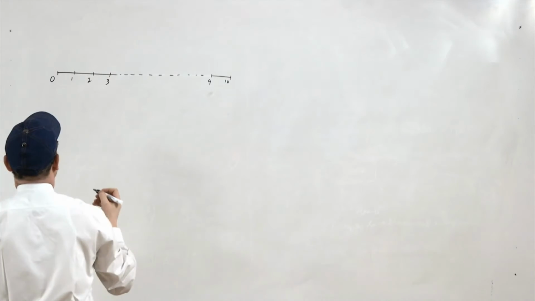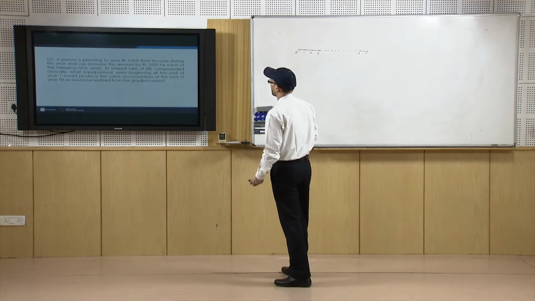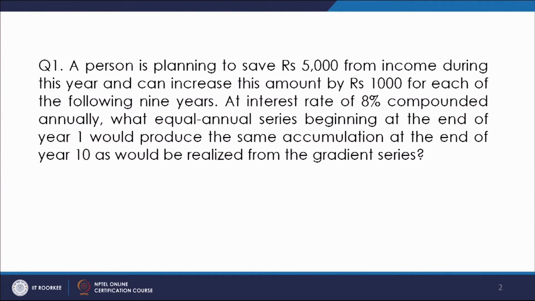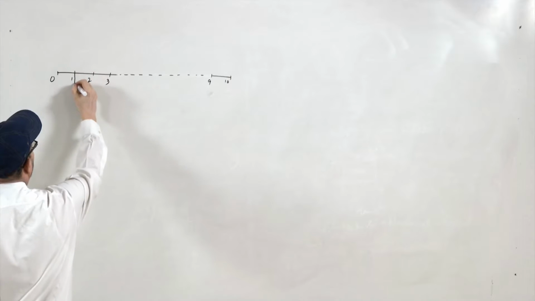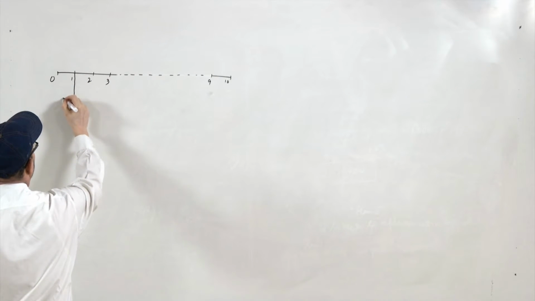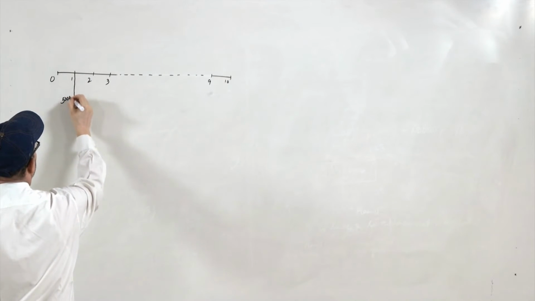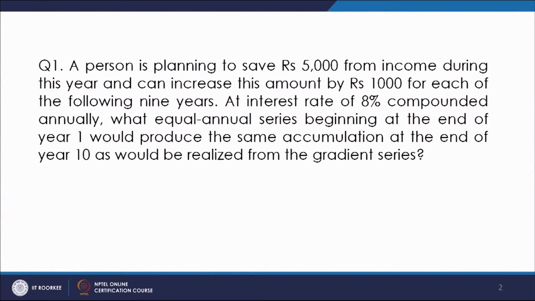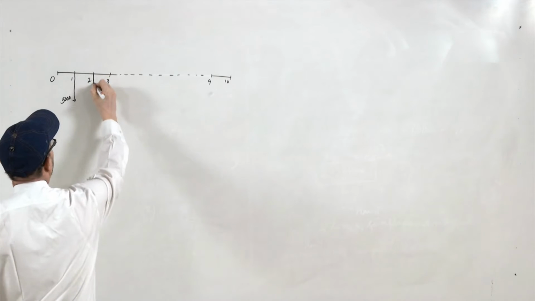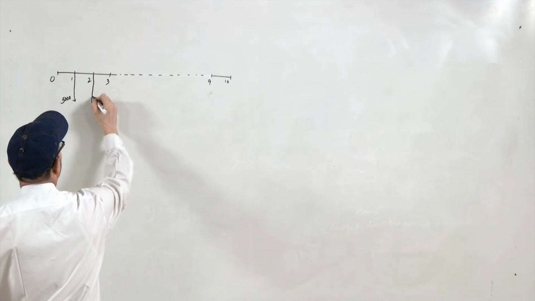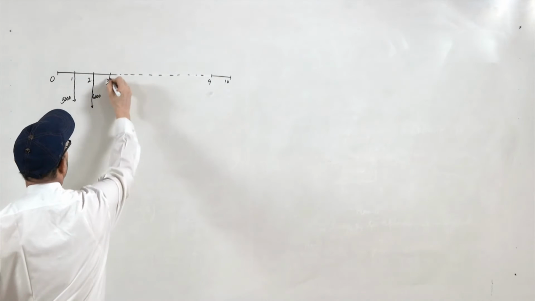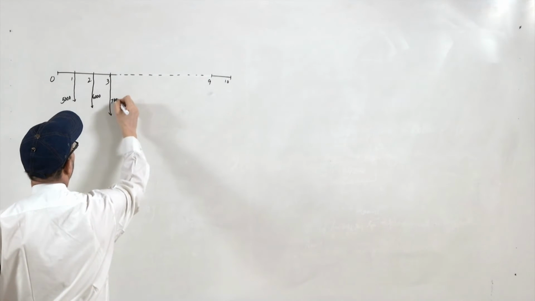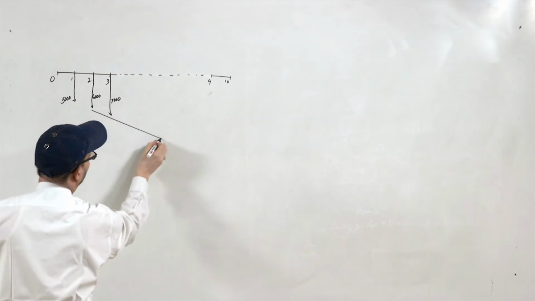Now, the person is saving 5,000 during this year. So, in the first year he is saving 5,000. Year end convention is followed. Second year he will save 1,000 more, so it will be 6,000. Third year 1,000 furthermore, 7,000, and this will go on like this.